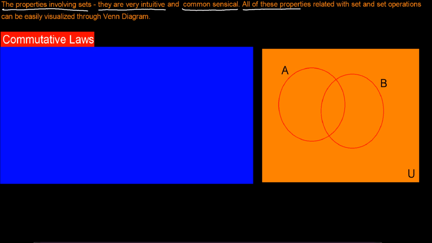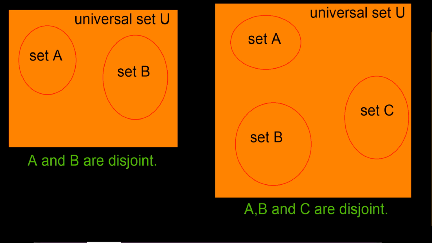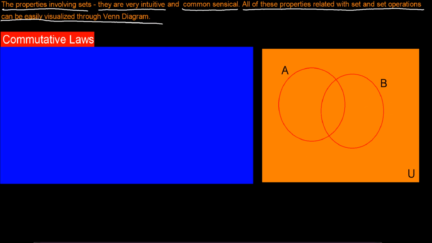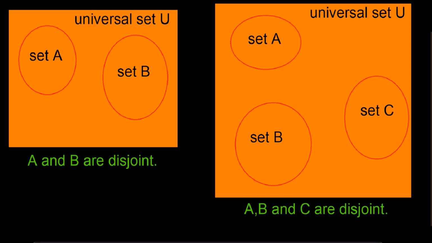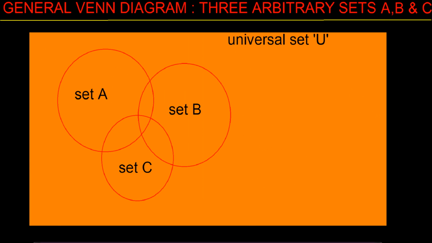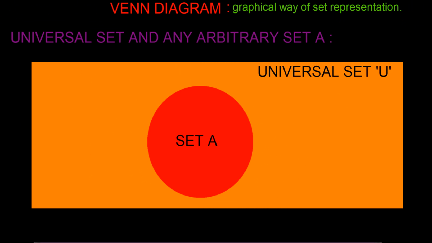All of these properties related to sets and set operations can be easily visualized through a Venn diagram. You can easily prove it in your mind through a Venn diagram, because most of the things are very intuitive. So let's look at some Venn diagrams.